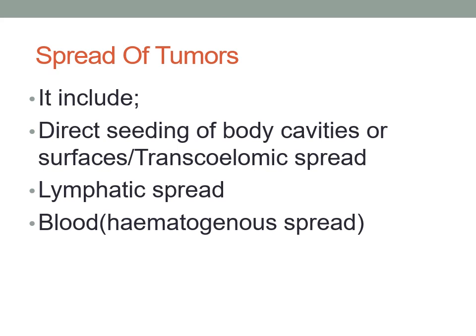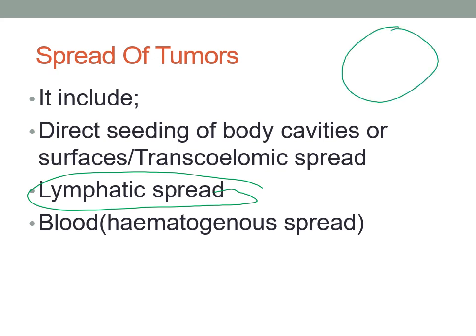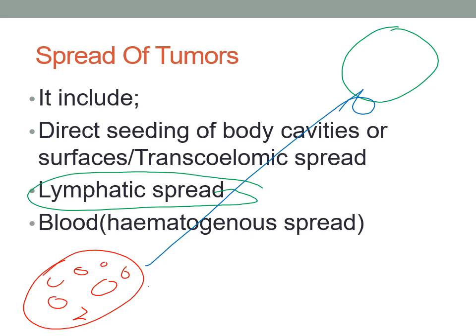Another way of spreading is through lymphatic drainage. So this is an organ here, and this is another organ here. This organ here has a neoplastic cell, and because there is lymphatic drainage, you find that these mutated cells spread through the lymphatic channel from this organ.